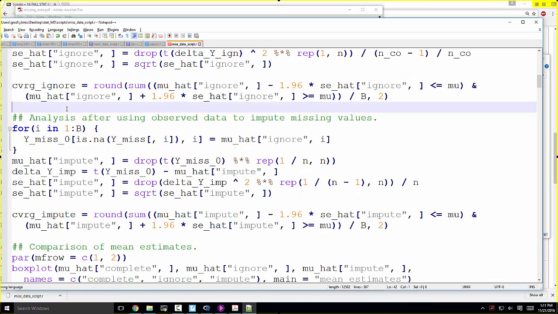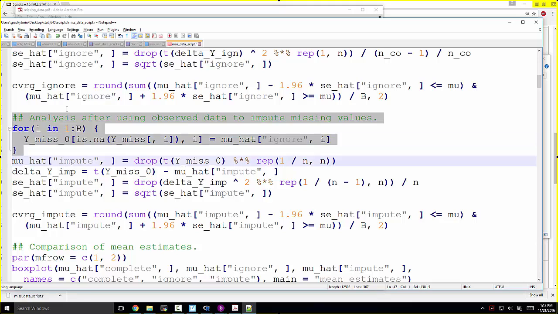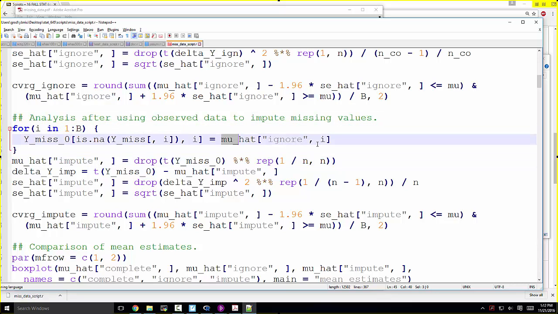The last example here is let's replace the NAs with some number that we compute from the observed data. So that's what I'm doing here. I'm looping through the columns, and whoever has a missing value is being replaced with that sample average that we just computed in the previous step.